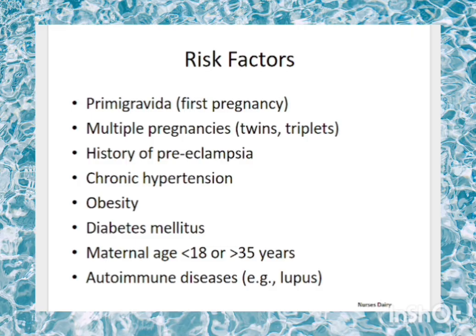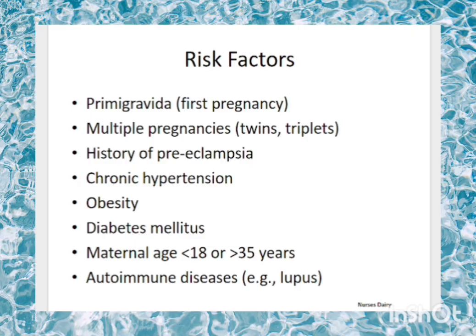And then a history of chronic hypertension. People who have chronic hypertension stand a risk of having preeclampsia. Another risk factor is obesity. People who are obese stand a risk of having preeclampsia. Diabetes mellitus also carries a risk.